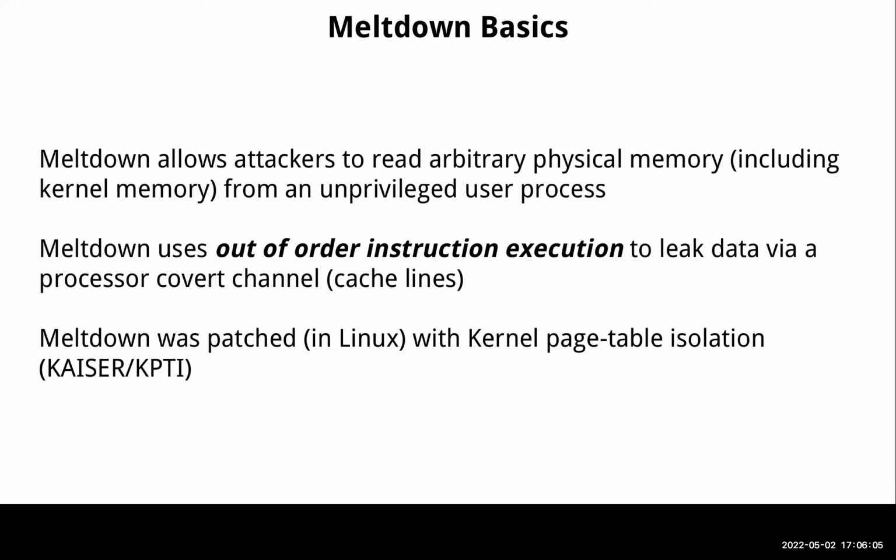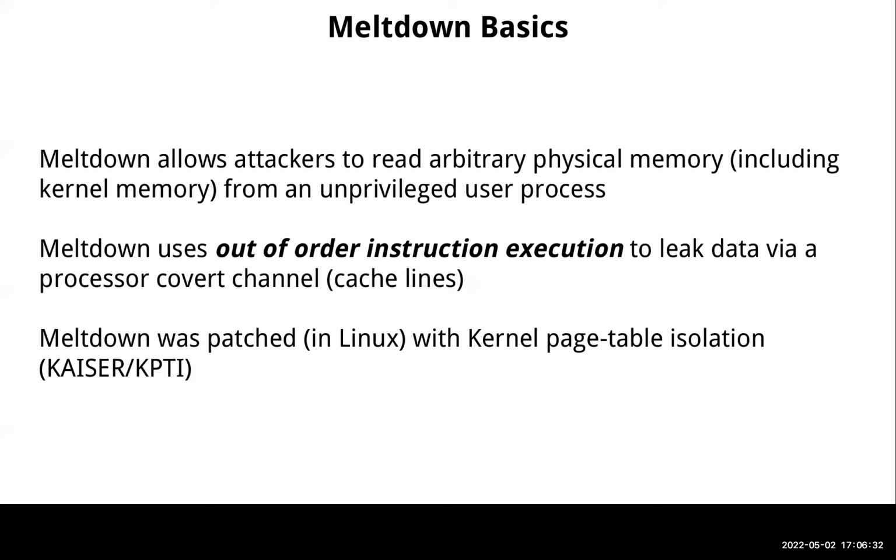Meltdown allows attackers to read arbitrary physical memory from an unprivileged user process. If you run a user process, a ring-3 process, that process will be able to extract kernel memory data, and in the kernel there is a lot of sensitive data.